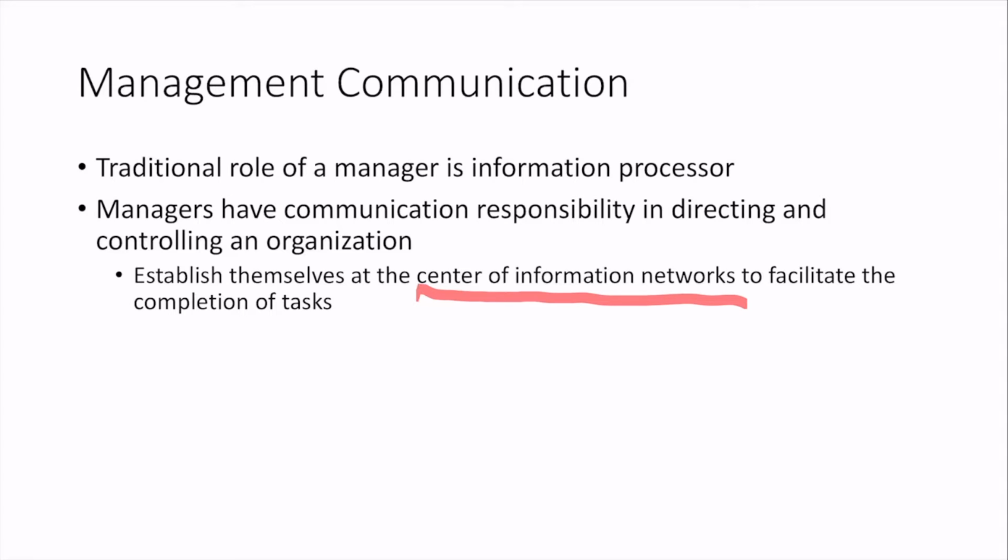That means the hub of information is that manager. And if you're going to be effective, you need to understand that communication, both upward and downward, needs to be clearly articulated and disseminated throughout the organization so that the organization is flowing. There are no surprises. There are no blind spots or whatever that could interrupt the communication process.